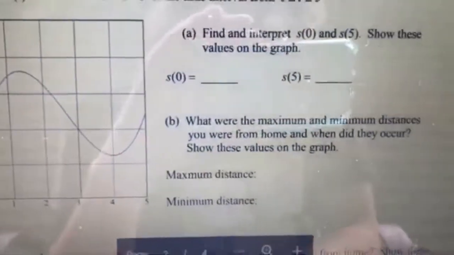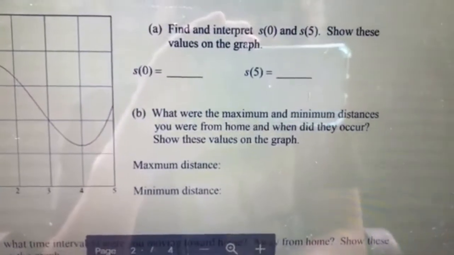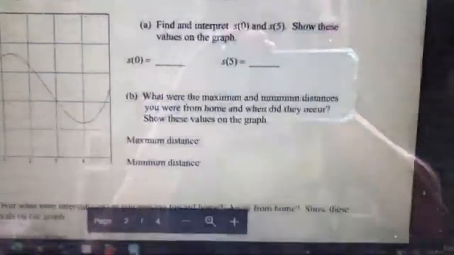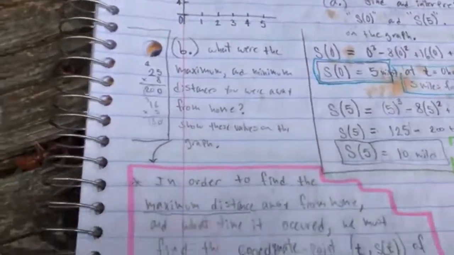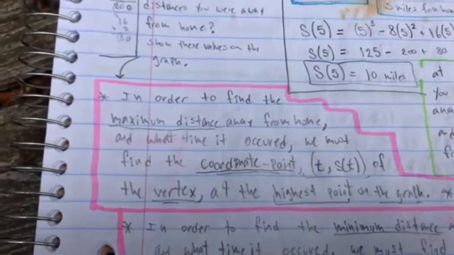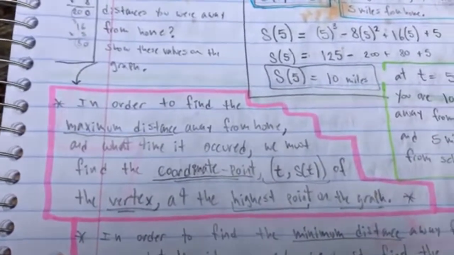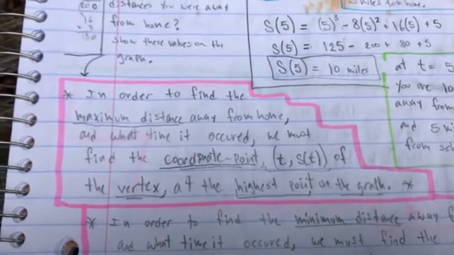Now the next question is, what were the maximum and minimum distances you were from home, and when did they occur? Show these values on the graph. In order to find the maximum distance away from home and what time it occurred, we must find the coordinate point t, s of t of the vertex at the highest point on the graph.